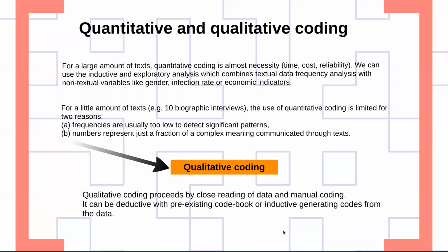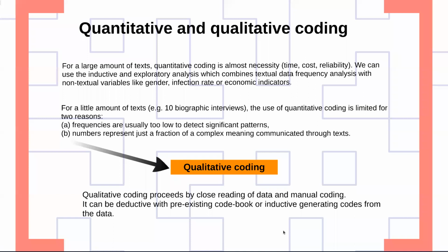When we code qualitatively, we read data closely. It means we pay attention to every word in the data, and we code it manually. We can do it with the help of a computer, of course, but we don't code automatically, where we just say all sentences containing the word work will be coded by the code work.